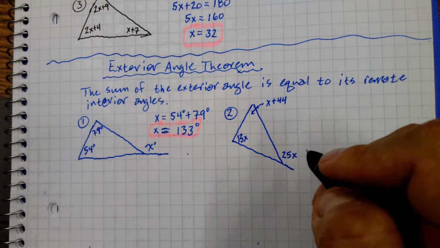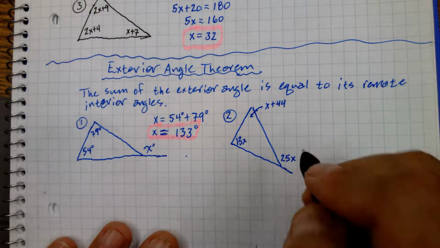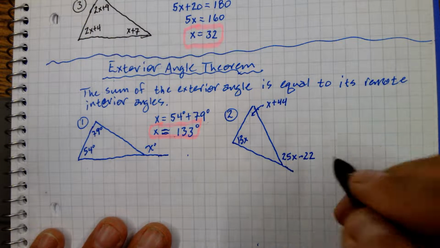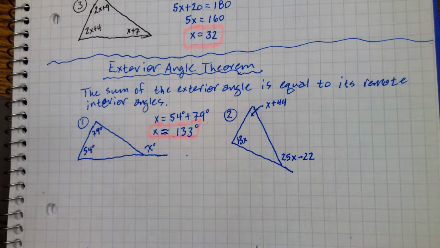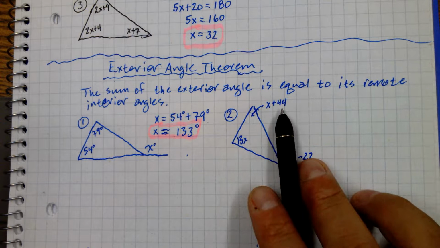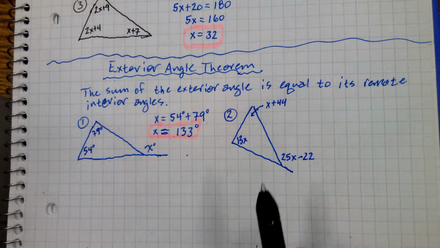And they do this because they can test you on 2 skills. Your skill to solve linear equations and your knowledge on this. Okay, so we have x plus 44, 13x, and then 25x minus 22.